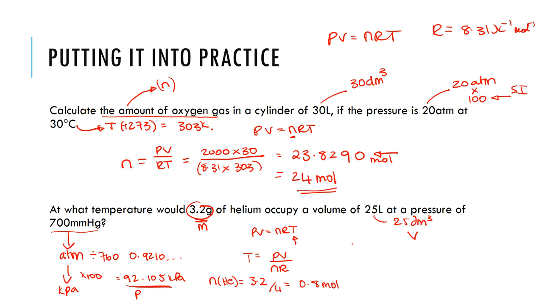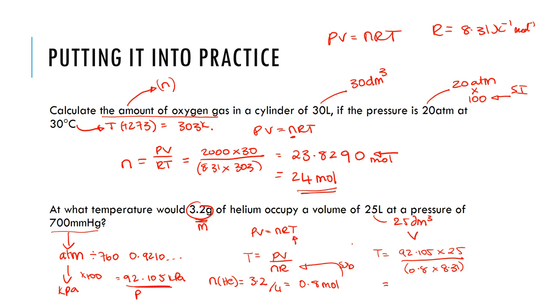So if I have 0.8 mole, I'm now going to substitute that into here, and I'm going to get T is equal to my pressure, which was 92.105, multiplied by my volume, which is 25, all over n, which is 0.8, multiplied by 8.31, which is our gas constant. And we should now see that we can get 92.105 multiplied by 25, divide that all by 0.8 times 8.31.